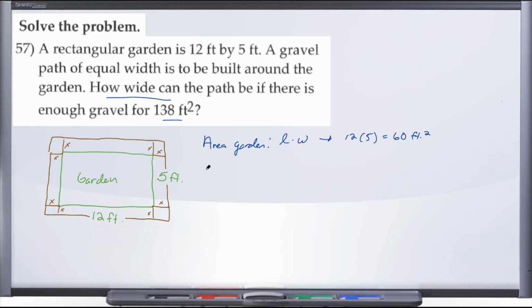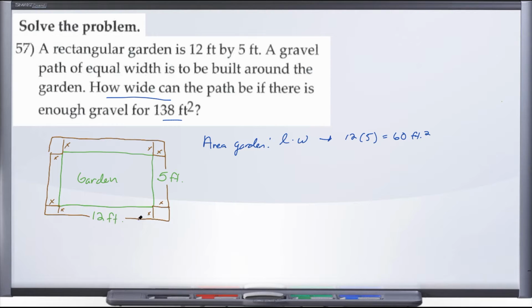And now if we add 60 square feet, which is just the area of the garden, plus the area of what the gravel path is going to give us, so 60 plus 138, let's put that into a formula to help us solve for x, which is going to tell us how wide the gravel path itself is.